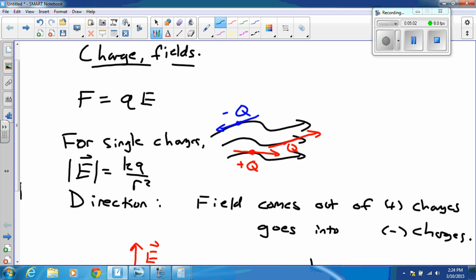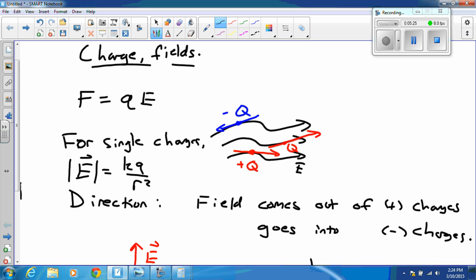Does that mean the field is a positive field in a sense? Vectors aren't positive or negative. Vectors have a direction. Well, yeah, but is it the field emitted from a positive?